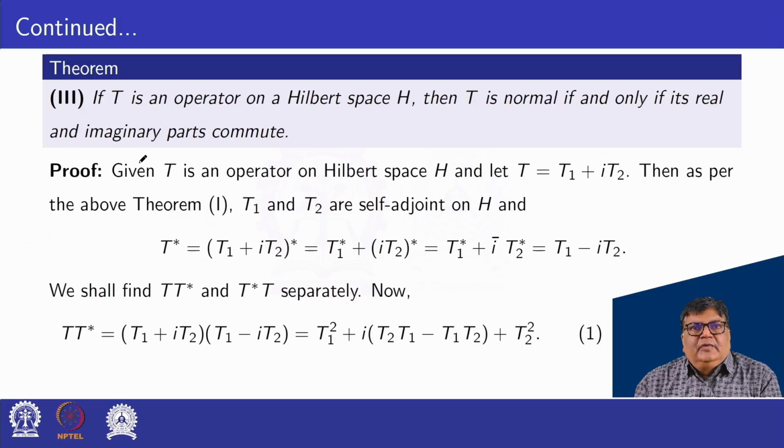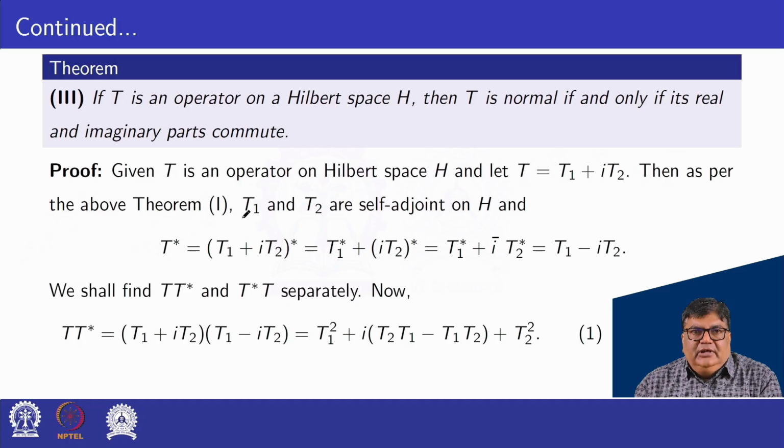Next theorem. If T is an operator on a Hilbert space H, then T is normal if and only if its real and imaginary parts commute. Proof. Given T is an operator on Hilbert space H, let T be equal to T1 plus i T2.